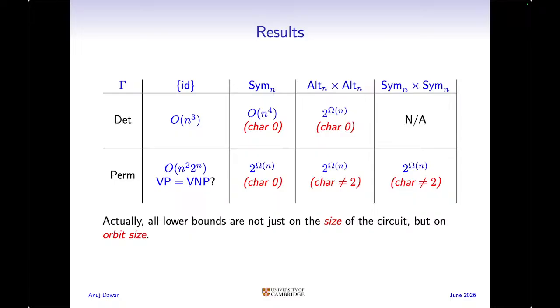Highly asymmetric meaning that its orbit under the action of this group is of exponential size. Okay, so that's really what we're proving. You can think of this not as a size lower bound, but as an asymmetry lower bound in the computation of the permanent. So, a little bit of a dive into how we prove this lower bound for the permanent.